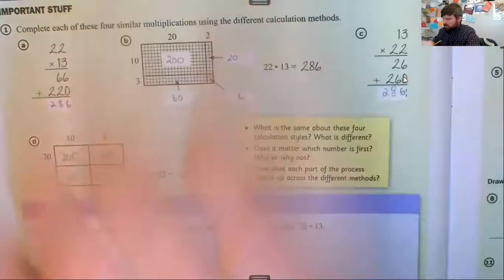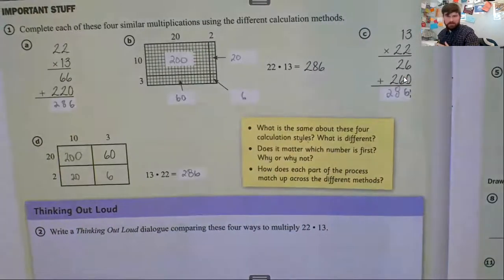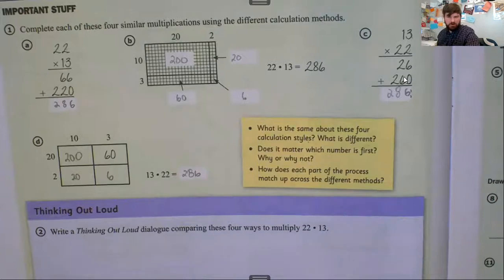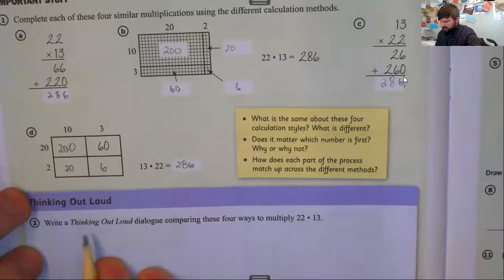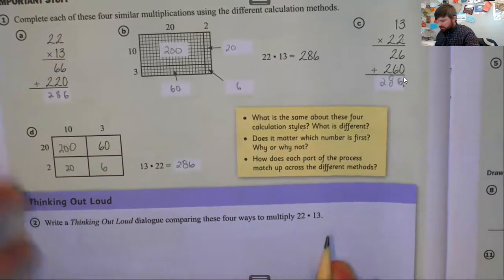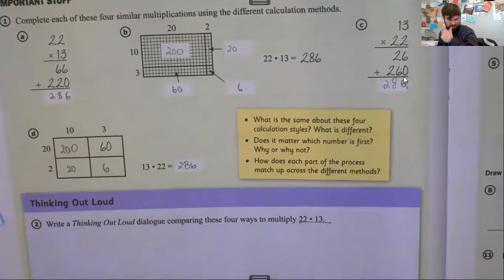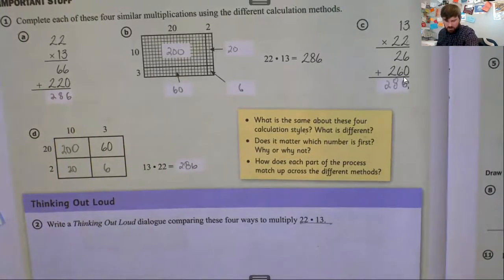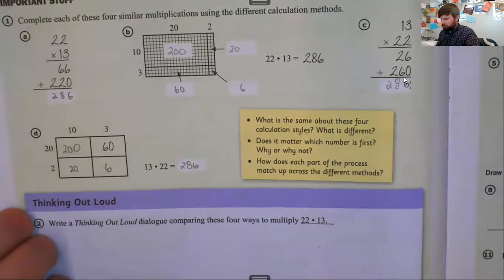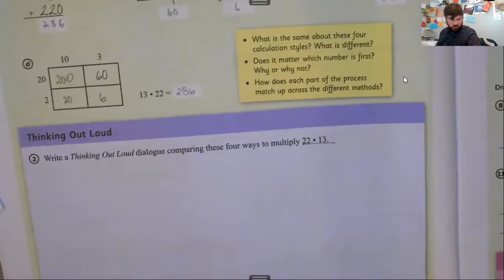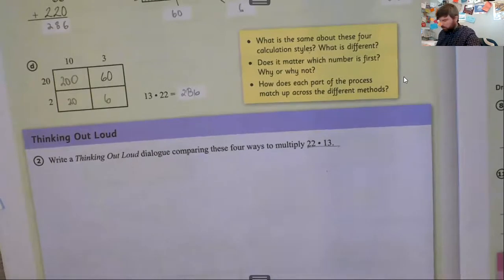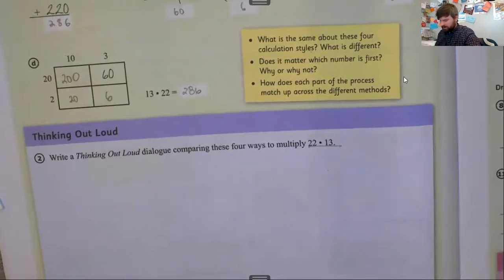So they all have the likeness of each other, just represented a little bit differently. Now write a think out loud dialogue comparing these 4 ways to multiply 22 and 13. A think out loud dialogue is between 2 people or more, so we can vary here.